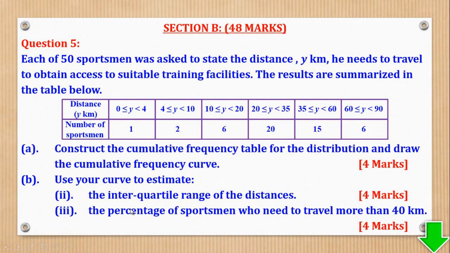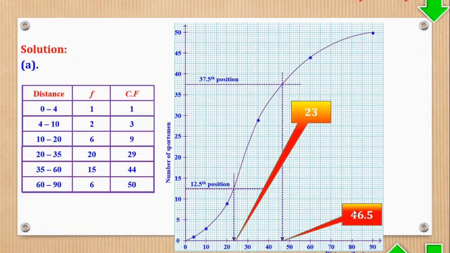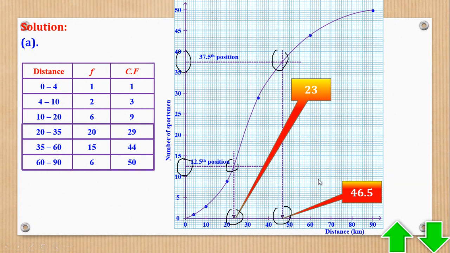So next was percentage of sportsmen who need to travel more than 40 kilometers. Actually, this is percentage, so percentage can also be in decimal. So more than 40 kilometers shall come on the axis for distance and look for 40 kilometers.